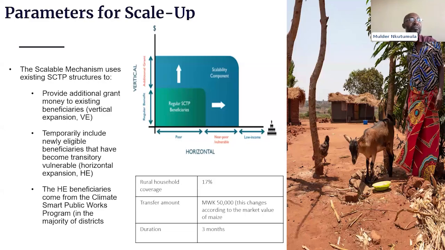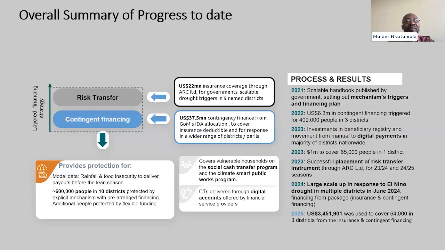We pay a once-off for 3 months because during that period we're expecting the government to come in, in what we call the rain season. After the people have harvested, the prices for maize are still low, and people can manage to procure the maize. Then when the government comes in with the lean season, which has to do with drought or floods, we have cushioned the people and they are able to survive. Next slide, please.